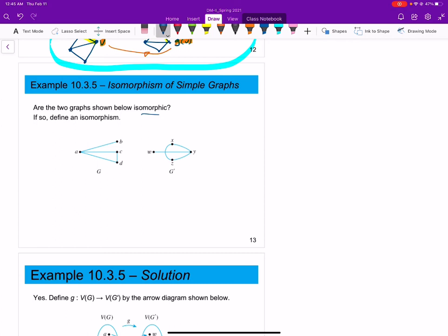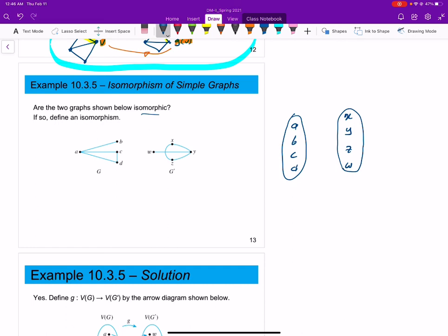First of all, let me create the sets. Here it is A, B, C, D, and then W, X, Y, Z. Alright, and then you have to find the map now.